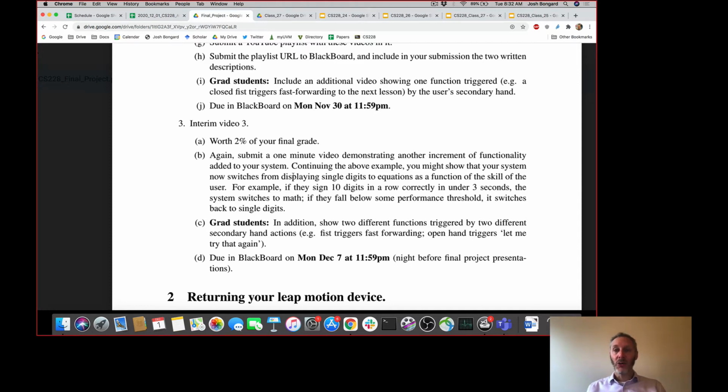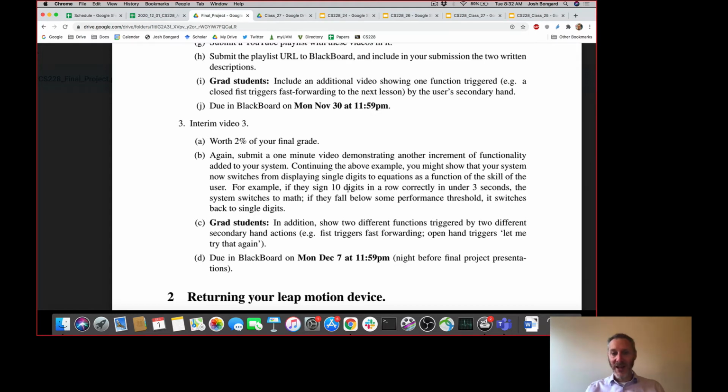In Interim Video 3, you might want to show that you've now implemented that math functionality almost completely. For example, you might show that your system now switches from displaying single digits when the user is just beginning to learn ASL to equations as a function of the skill of the user.